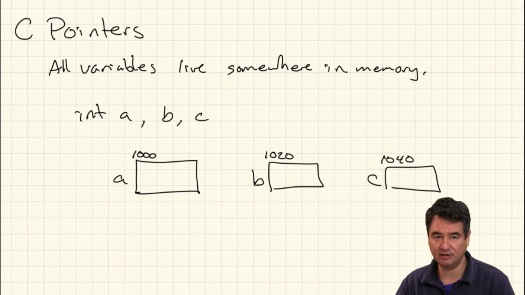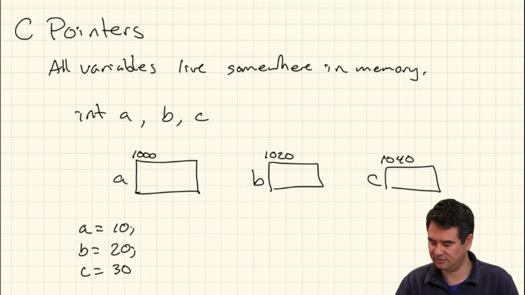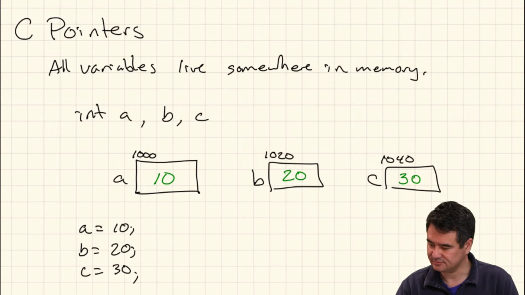I just made those up. And then in our program we say something like A is equal to 10, B is equal to 20, and C is equal to 30. So what that means is that in the A box we put the number 10, in the B box we put the number 20, and in the C box we put the number 30.